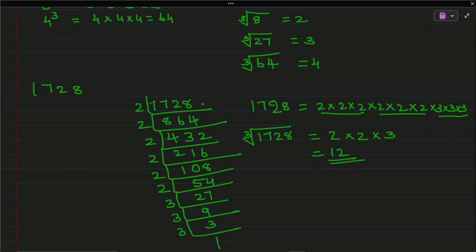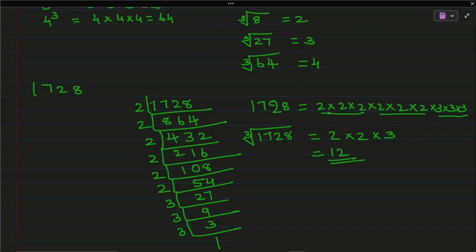For finding the square root also, first you do the prime factorization. For finding the cube root also, first you do the prime factorization. In prime factorization, you have to remember to use only prime numbers for division. Then after that express the number as a product of prime numbers.